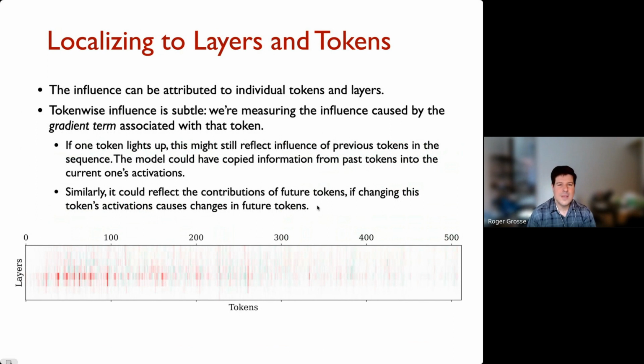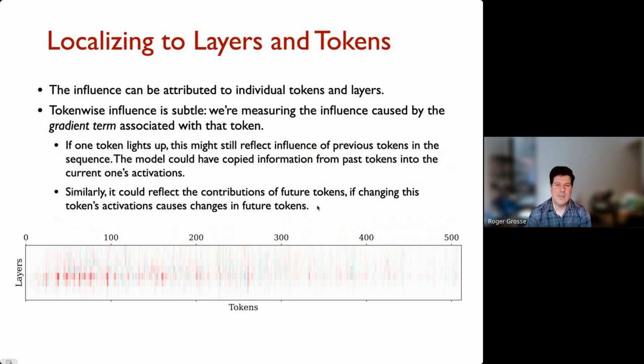Right, so we don't just get a scalar value for the influence, but we can also attribute it to individual tokens and layers of the model. The way this works is that the gradient for a particular training example consists of gradients for the individual parameter matrices of the model.